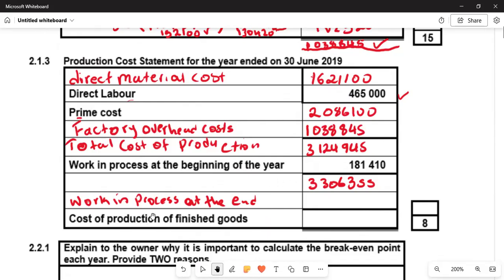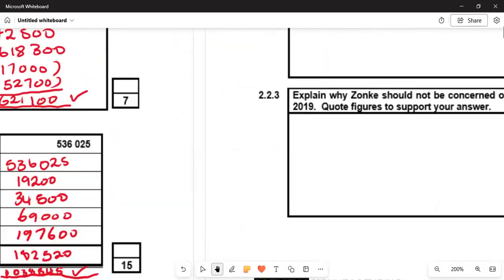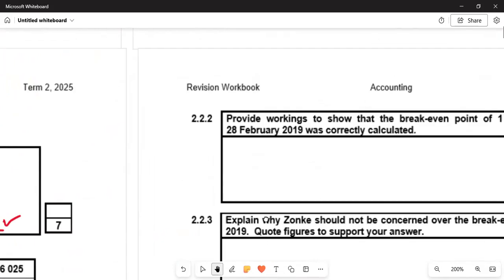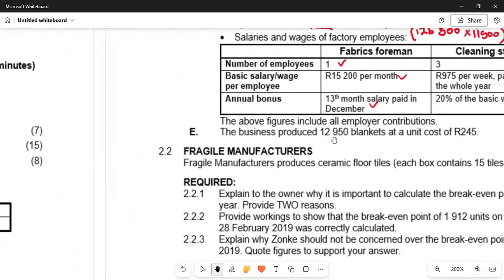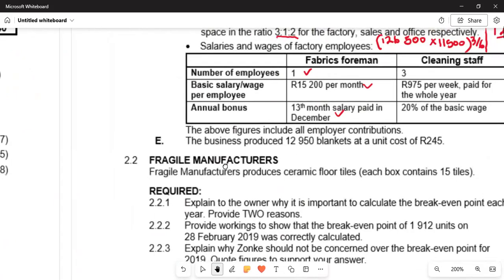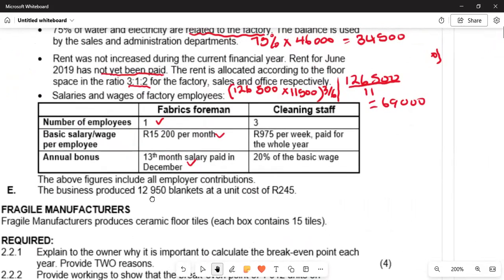So let's go to the information that will give us cost of production of finished goods. So here we are. When we are to calculate cost of production for finished goods, we are given the information here where it says the business produced 12,950 blankets at the unit cost of 245.